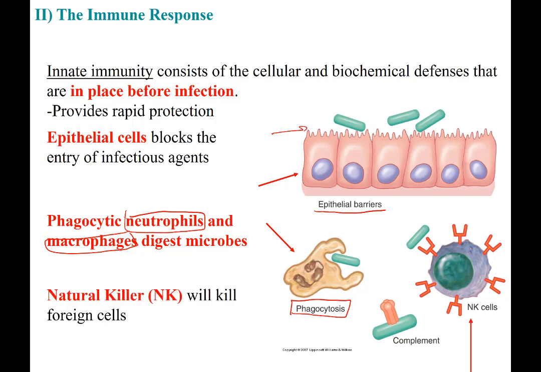The next category of cells are NK cells. NK for natural killer. Like their name, natural killer, it means that they are active right away. They don't really need to be turned on. They are on all the time, and they are powerful, and they will be able to digest antigens.